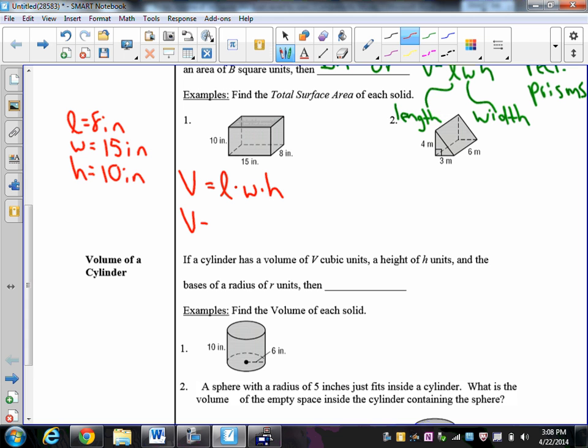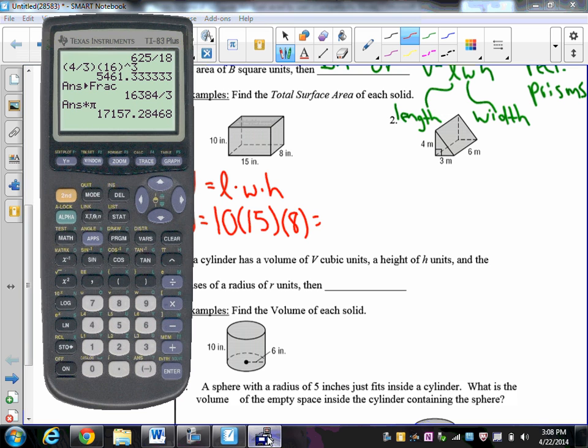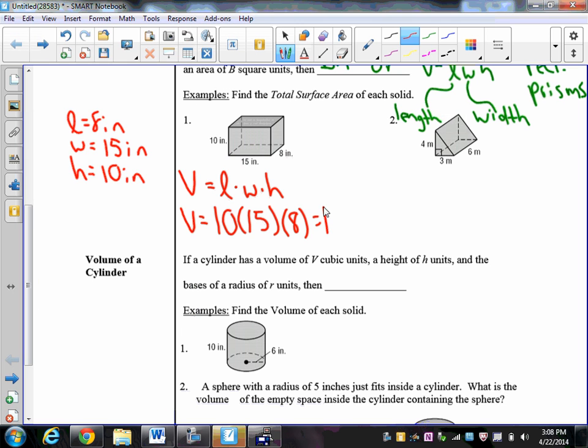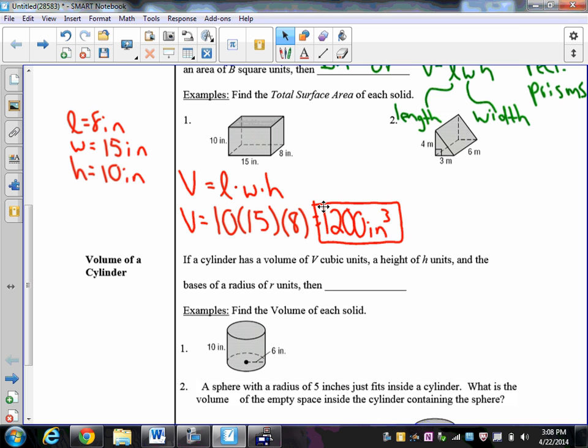So whenever I do that, it's just going to be 10 times 15 times 8. And I see that's 1,200. And my units are going to be inches cubed. So remember, with areas we have inches squared, or any units squared. With volume we have units cubed.